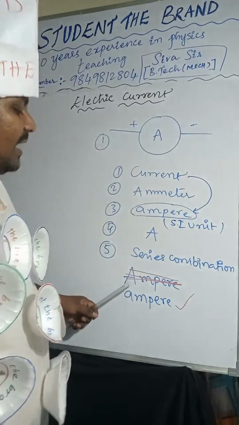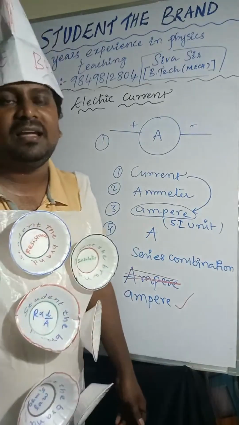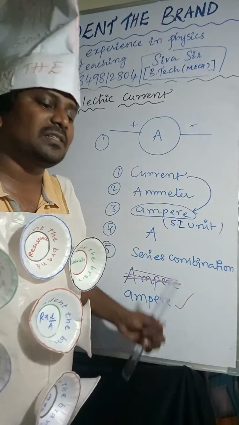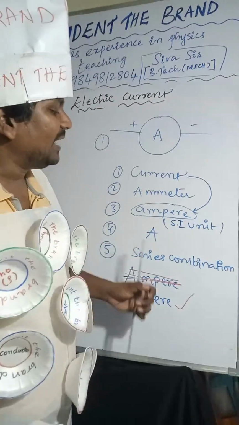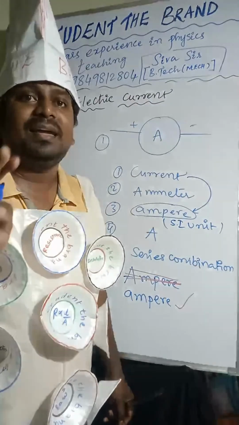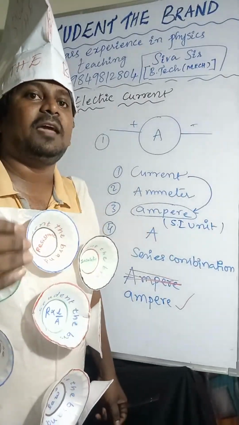You should not take capital letters according to English rules, where whatever word we start must be written in capital. We are not following English rules; we are following physics rules.